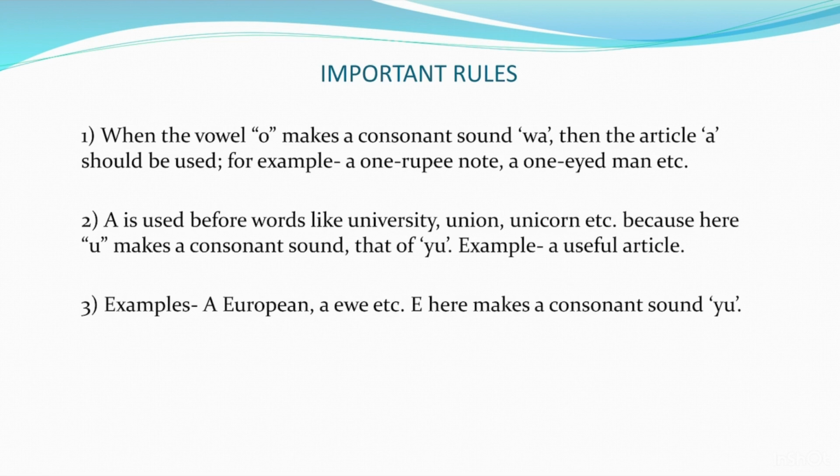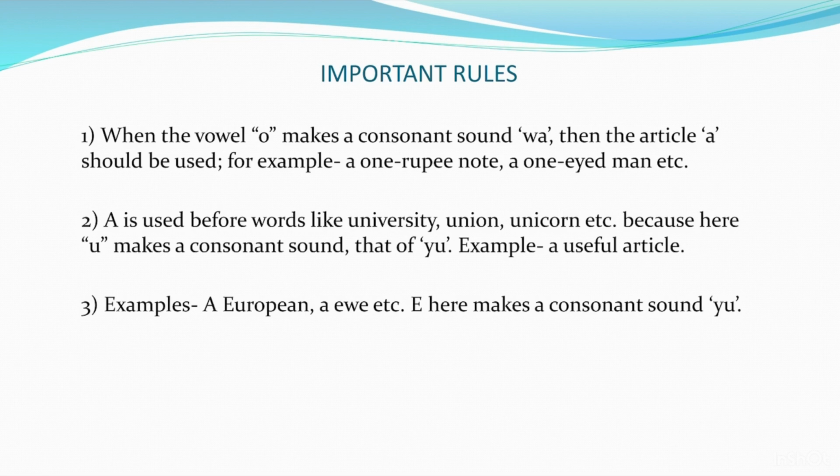Like if I say umbrella, then I have to use an because there the pronunciation of U is a. Okay, umbrella. But here in university, union, unicorn, the pronunciation of U is U. Like a useful article here also.